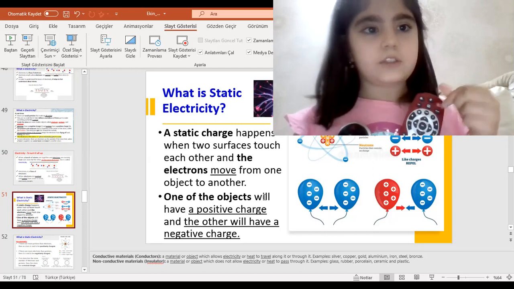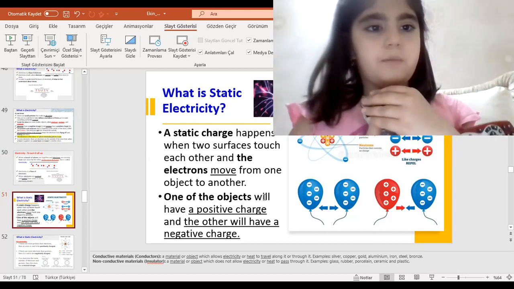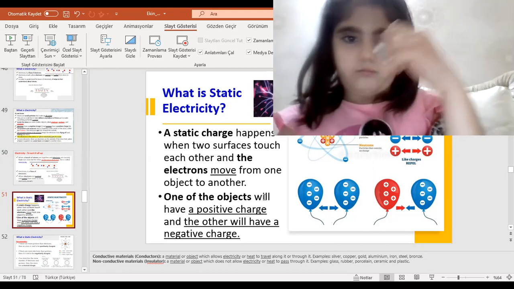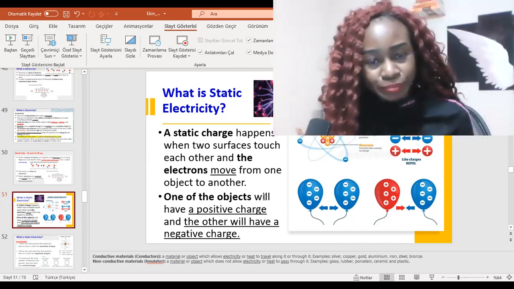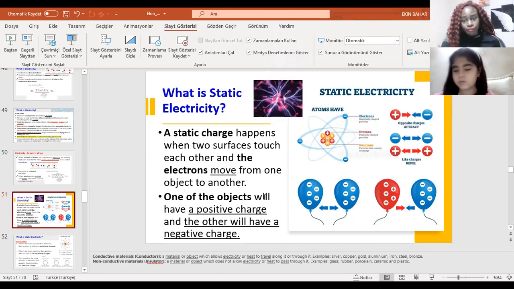So here's the electron, and the electron moves from here to here, from one object to the other. And the one object will have a positive charge and the other will have a negative charge.